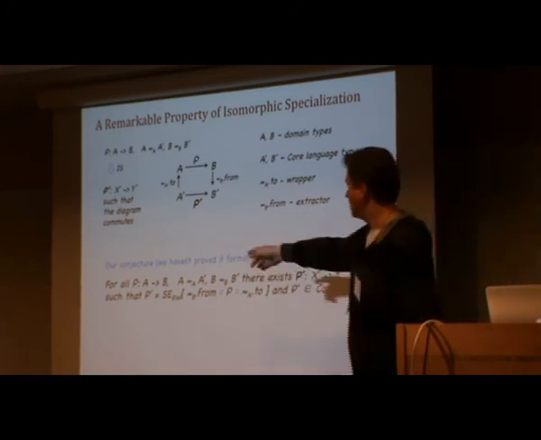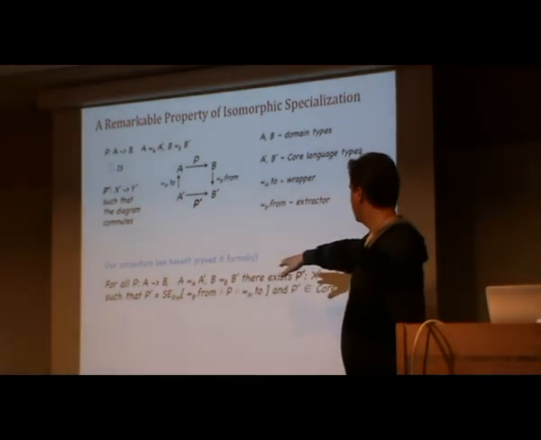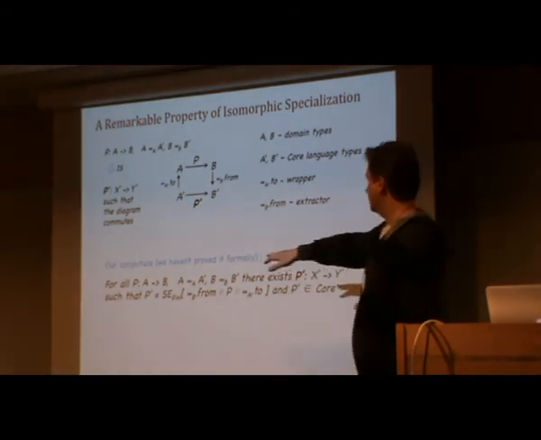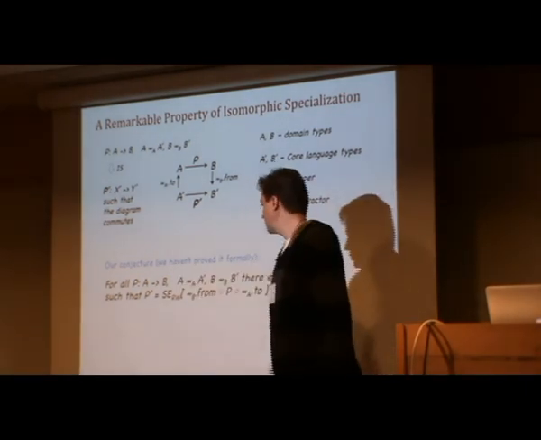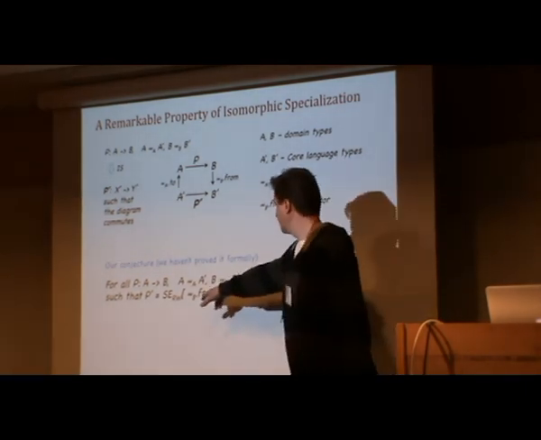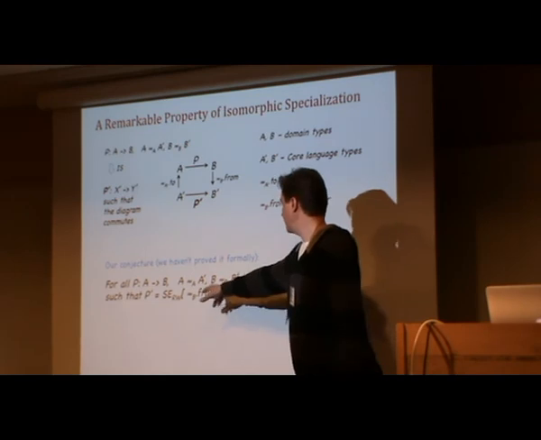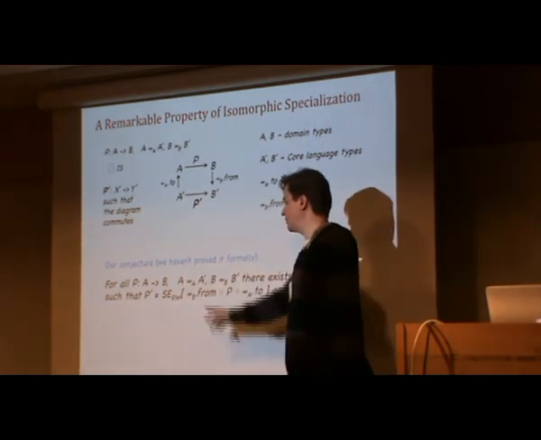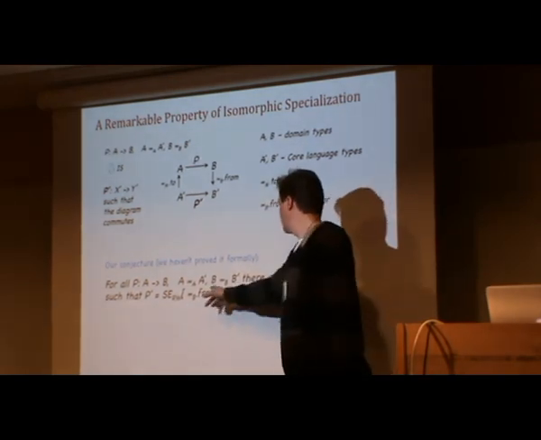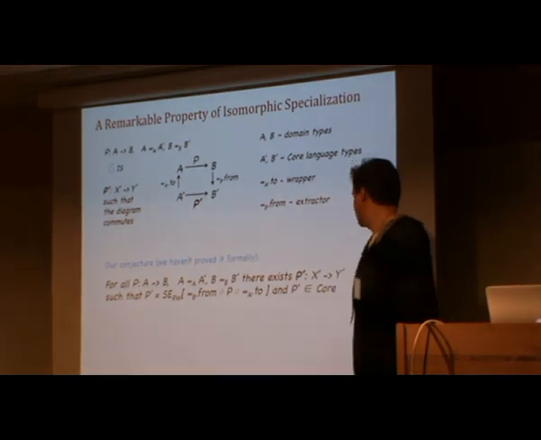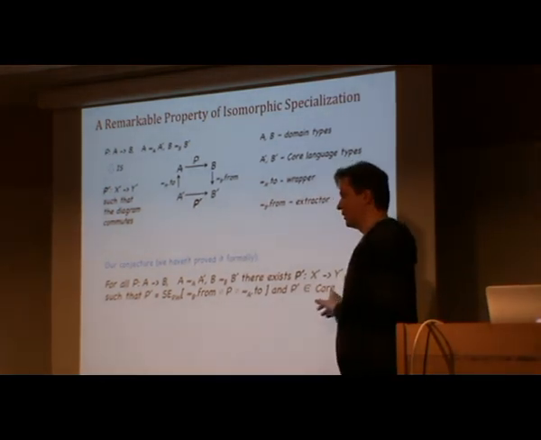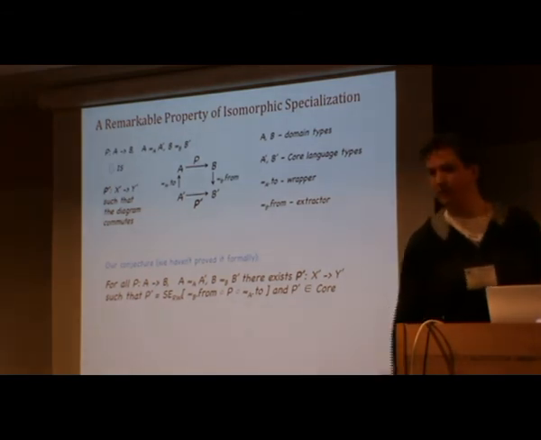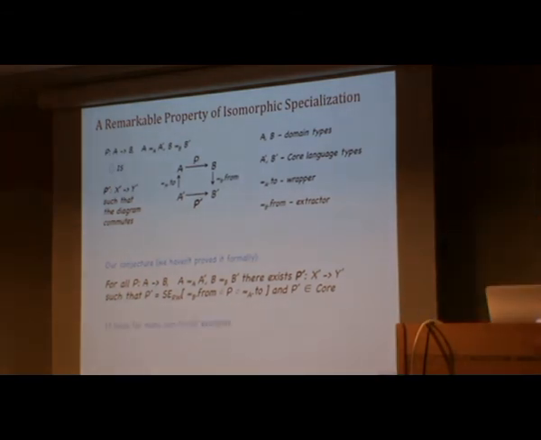So for all programs and isomorphisms, there always exists this P prime, which is the result of applying staged evaluation with specialized rewriting rules to this particular composition. And this P prime is a core program written in a core language.